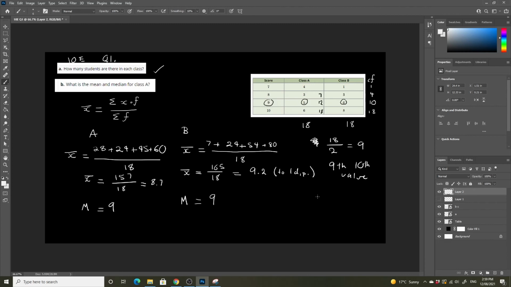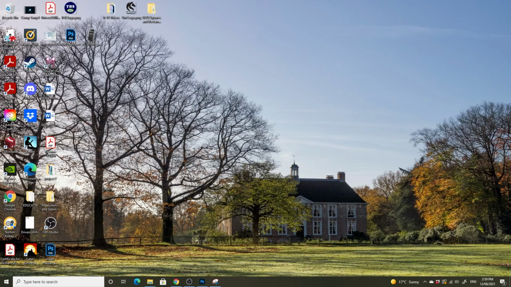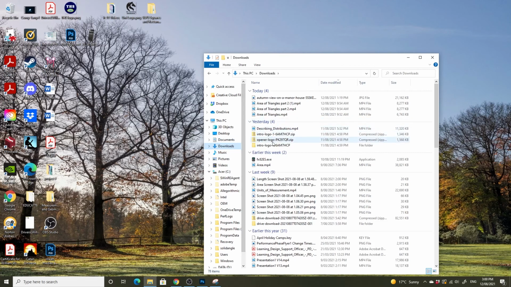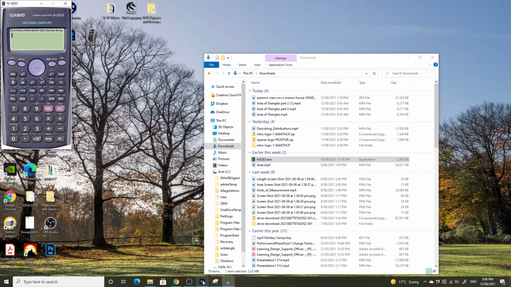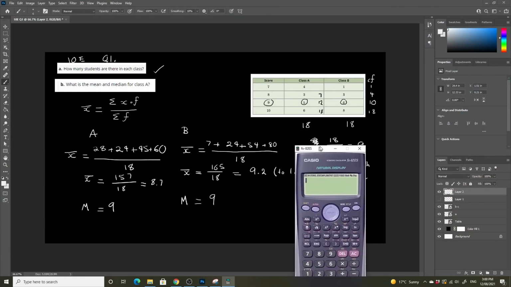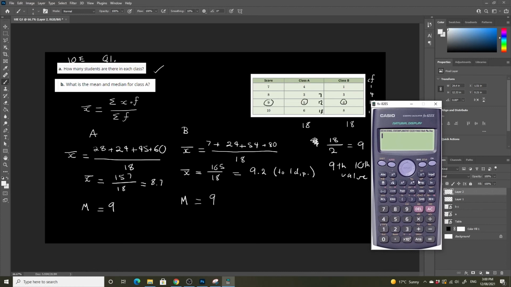Now if we want to do this on our calculator, just let me bring up something. So we'll bring up our calculator emulator, and we can solve directly.